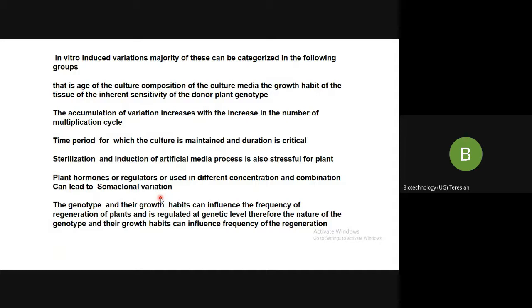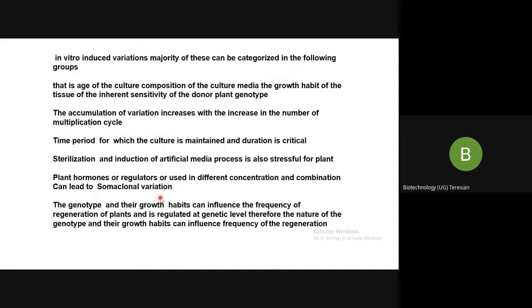Okay, so you can see that the sterilization process is also stressful and harsh for the plant, and then the induction of the artificial media for differentiation followed by de-differentiation, or excision of the root, and you're transferring it into the rooting media where they are induced for the production of roots. All these processes, all the changes, are very stressful for a living tissue.